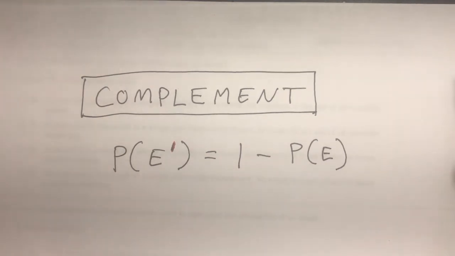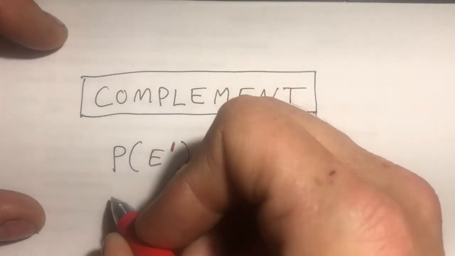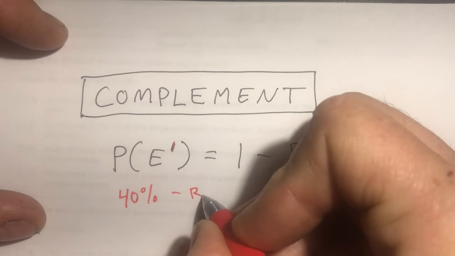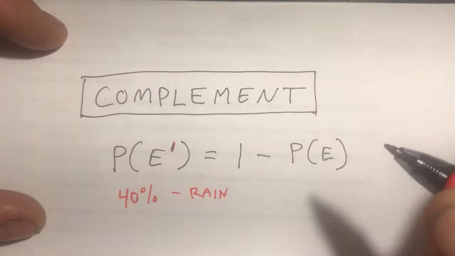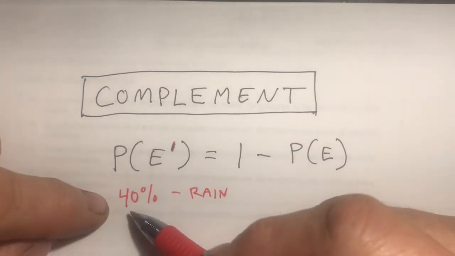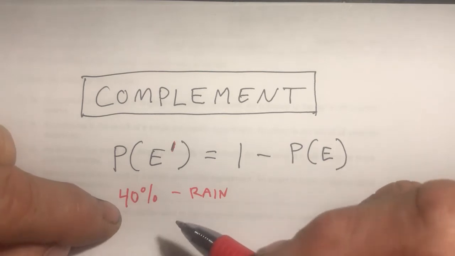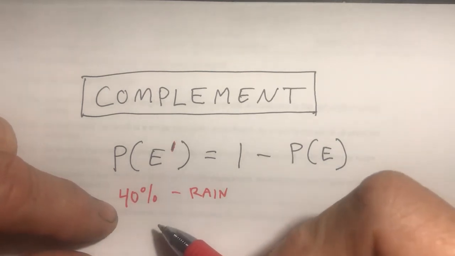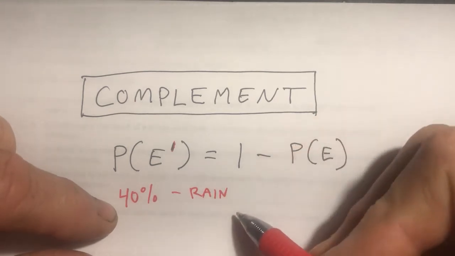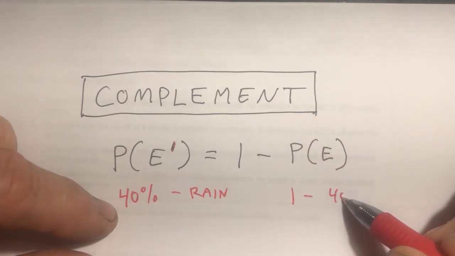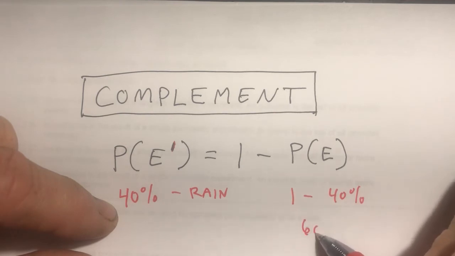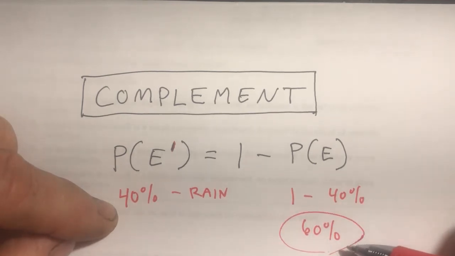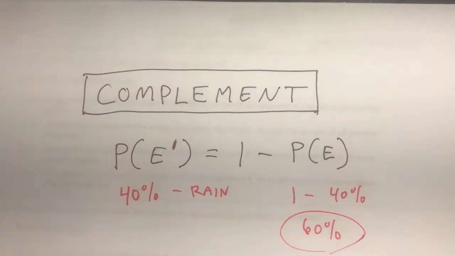And what this means is, like, suppose that we have a 40% chance of rain. So that's an event that we're looking at, a 40% chance. All right, what's the probability that it does not rain? That's the complement. So that's going to be 1 minus 40%, which would be 60%. This is the complement. This is if it does not rain.